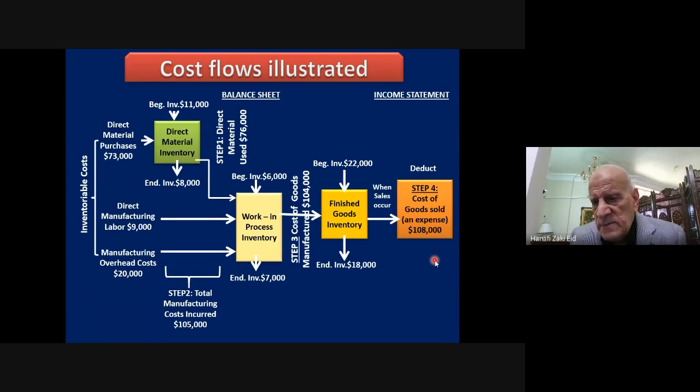We want to deduct this cost of goods sold from revenue. We assume that the goods which were sold cost $210,000.